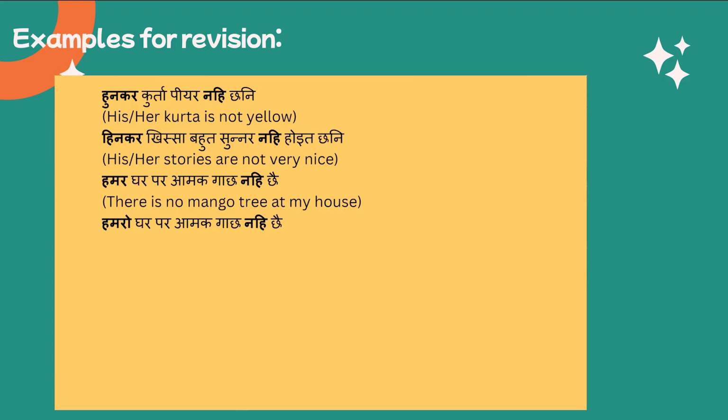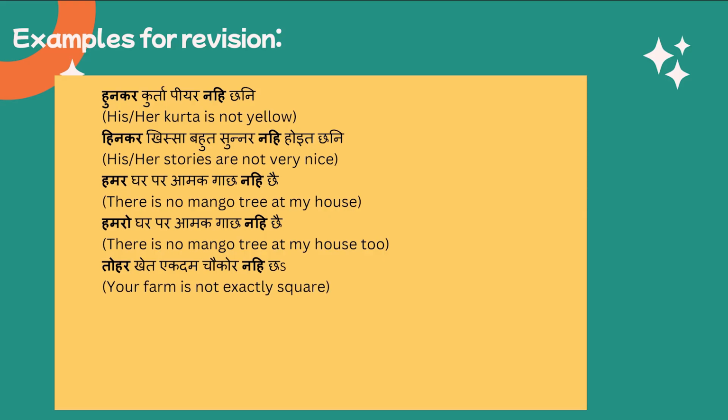Now here we used the emphatic one, the inclusive emphatic one, saying that the mango tree is not even at my house. तोहर खेत एकदम चौकोर नहीं छ. अहाँक चश्मा बेसी नीक होइत. अहाँक चश्मा बेसी नीक नहीं अछि.